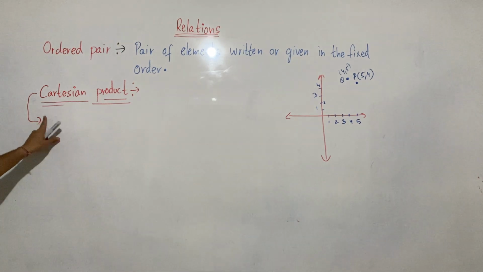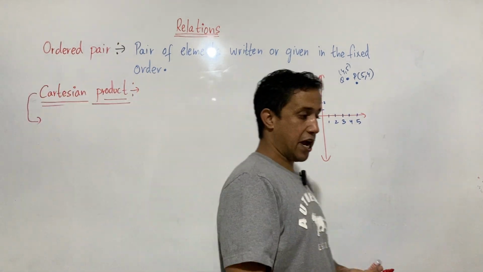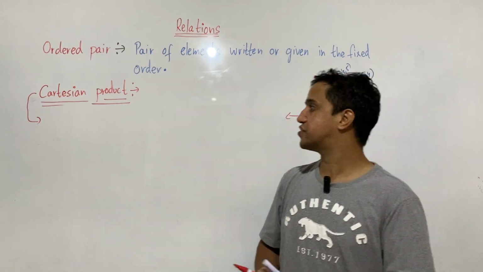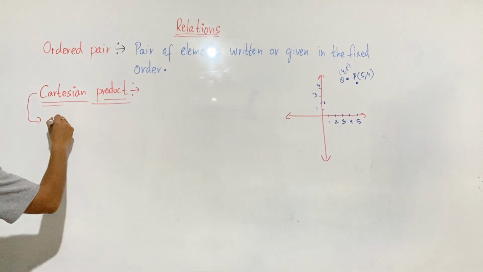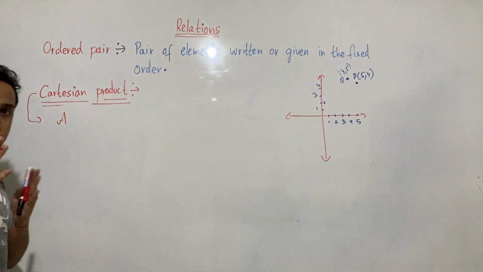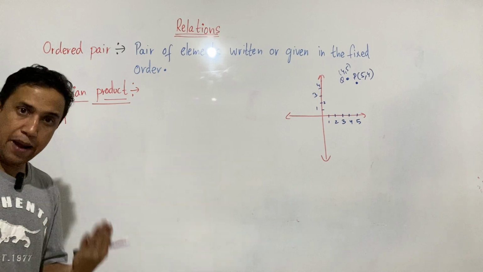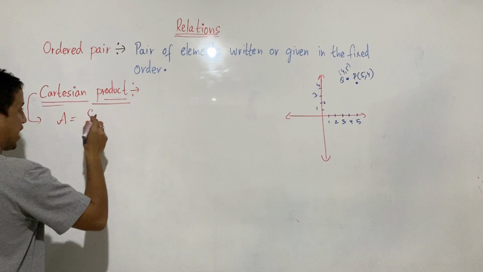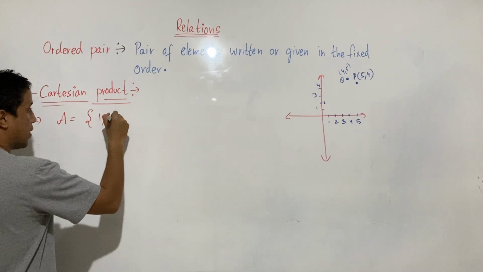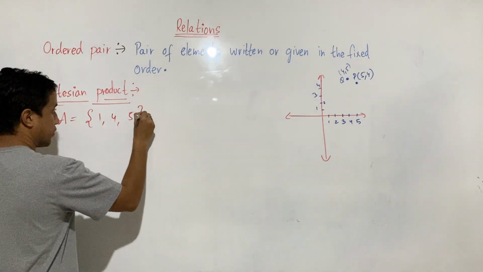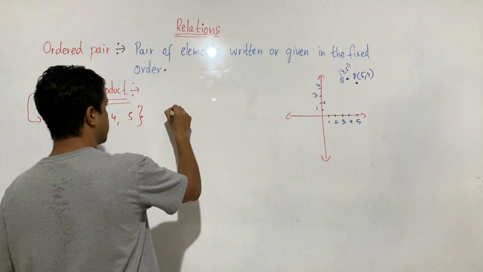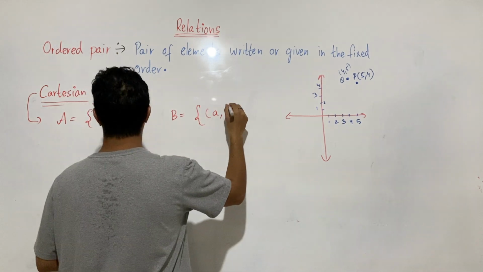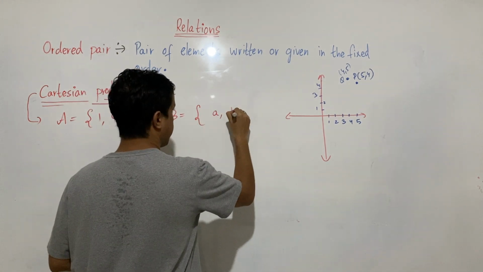So he gave the idea that if you are given two sets, let's say A and B are two non-empty sets. Here I have A, in which I have the set of elements 1, 4, 5. Then I have another set B where I have elements a, b.